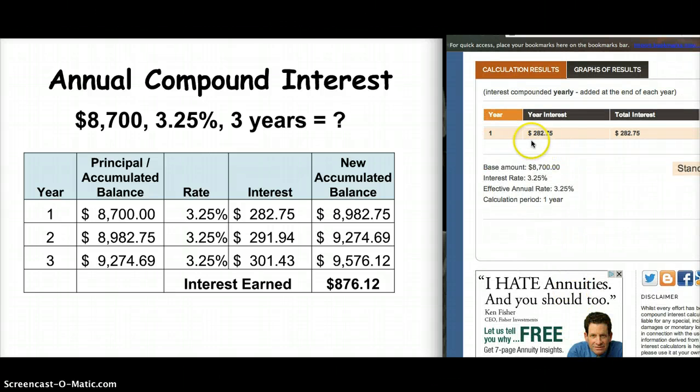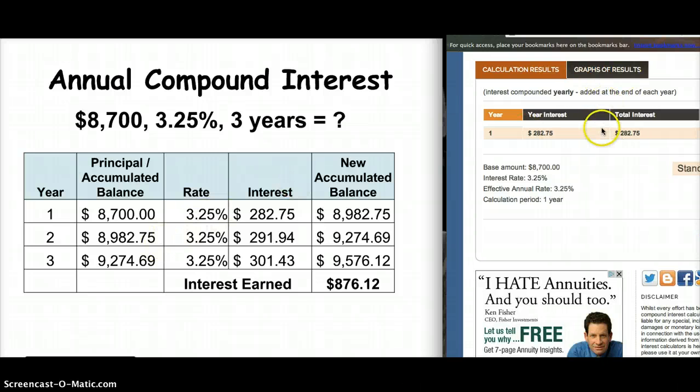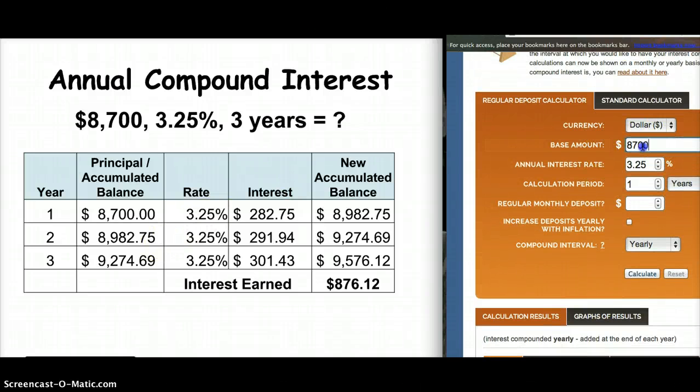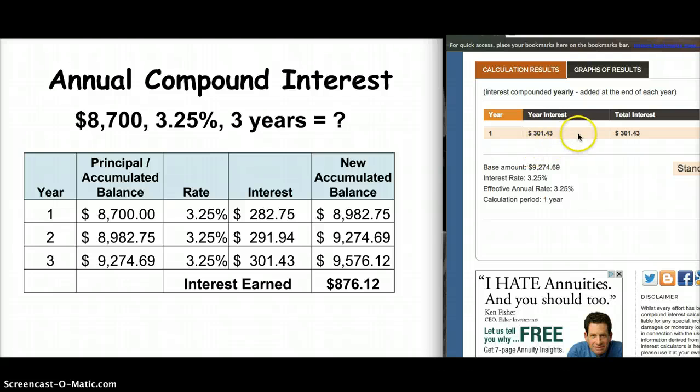We should have gotten 282.75. If I pull this over here, you can see it's 8,982, which equals it. Let's do the third one. 325, we're doing it annually, calculate it, and 30,143, it worked out just fine.